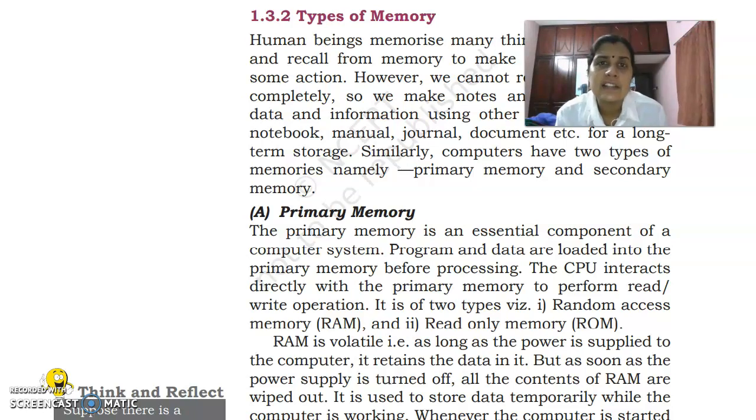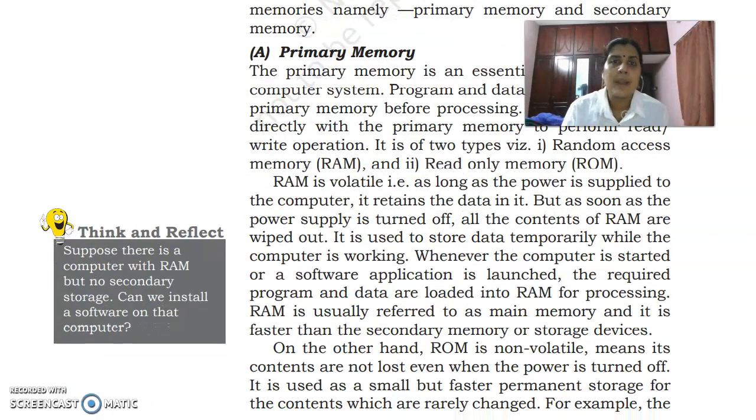Again, primary memory is classified into two types, which are RAM and ROM. RAM means random access memory and ROM means read-only memory. You all heard in our mobile 4 GB RAM is there, or in our computer 4 GB RAM, 1 TB hard disk, like that. We know the specifications. So RAM is the main memory or primary memory.